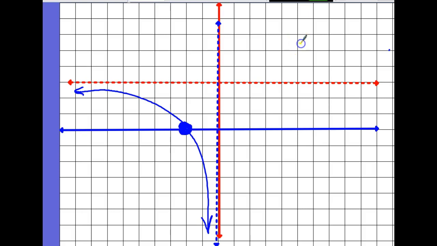To figure out the top part over here, it's going to be symmetric to the bottom part. So this point right here is over 2 and down 3. So its matching point will be over 2 and up 3. I'm going to have a matching point up there, and it's going to curve toward the asymptotes. This is just a sketch. It's not meant to be exactly perfect.